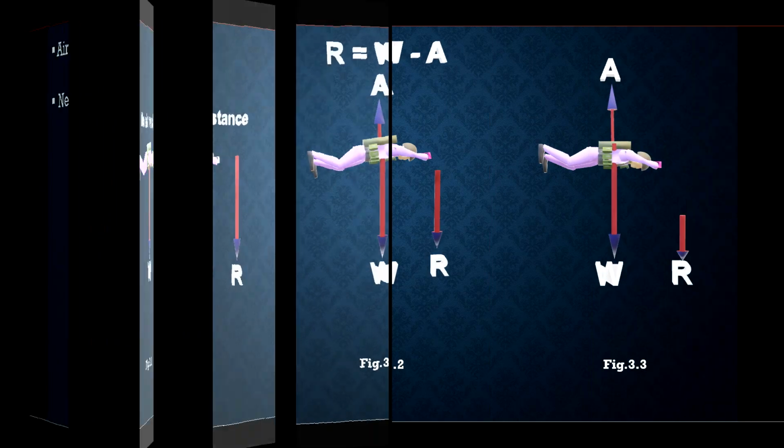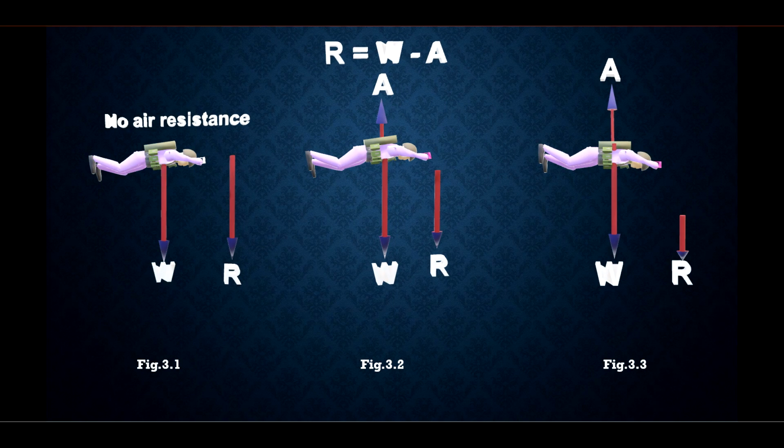Notice how the net force R keeps decreasing from figure 3.1 to figure 3.3. R was larger in figure 3.2 than it is in figure 3.3. It was greatest at the start of the fall, as shown in figure 3.1. Here, there was no air resistance. Remember, net force is the difference between weight and air resistance.